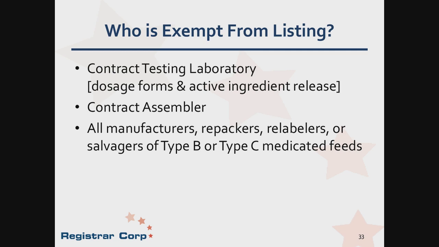To clarify, a contract assembler is a company who takes drug products, does not modify the drug product, drug labeling, or drug packaging, but packages it with other drug products, medical devices, or cosmetics in a kit. A contract assembler is not required to list, but is required to register. The kits are still required to be listed.